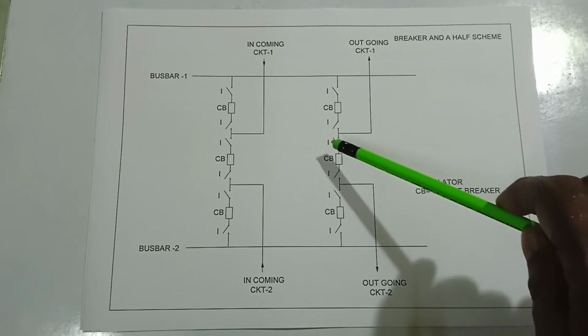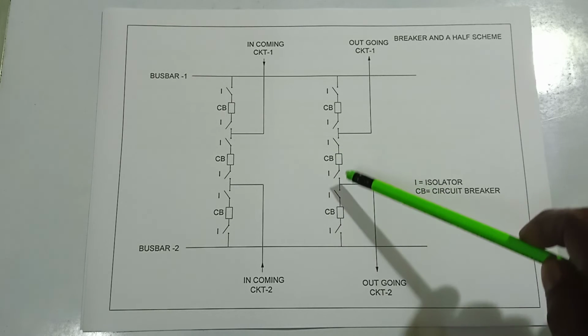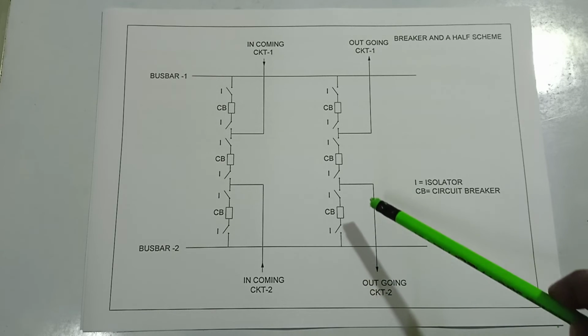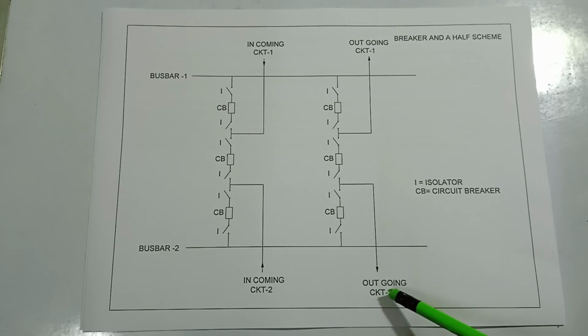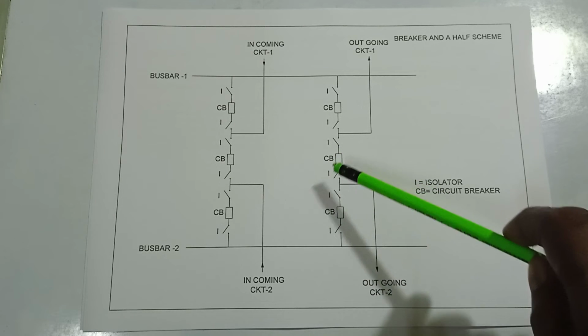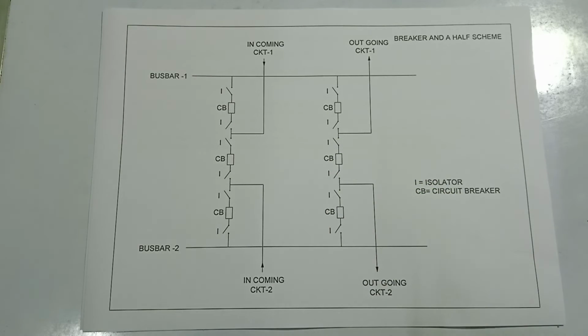If these two breakers are off, then the outgoing circuit does not get any power. Circuit 2 does not get any power if this and this breaker are off. Okay, next.